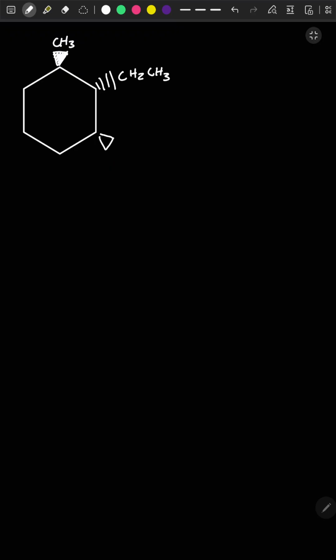Now we get to draw the conformations or chairs for molecules of our choosing. So one of the ones that I chose, or I guess it's the same across both, is this one right here, where we have a wedge with a CH3, a dash with an ethyl group, and another ethyl group right here.